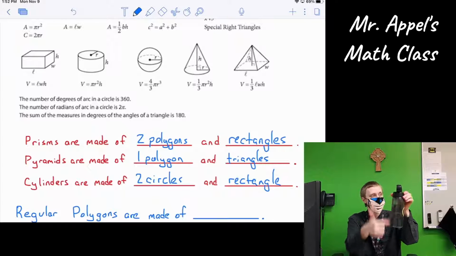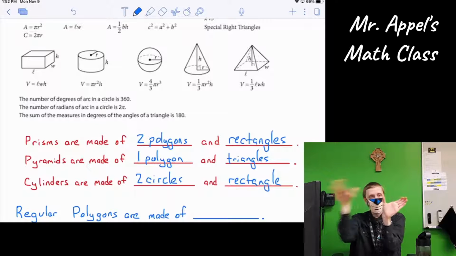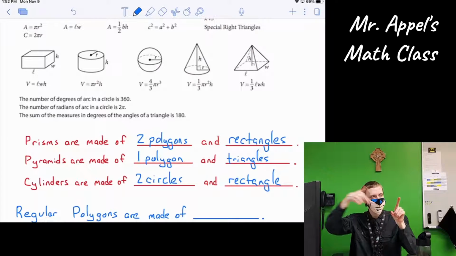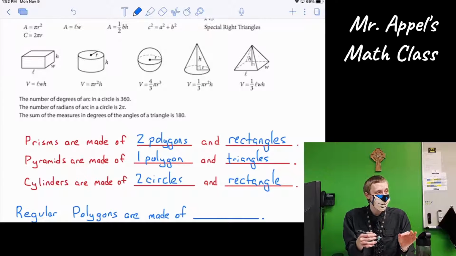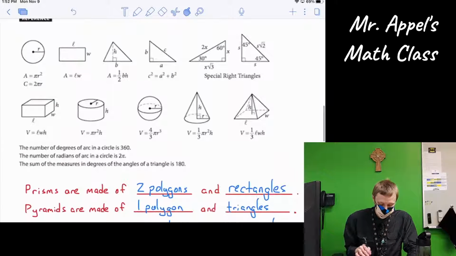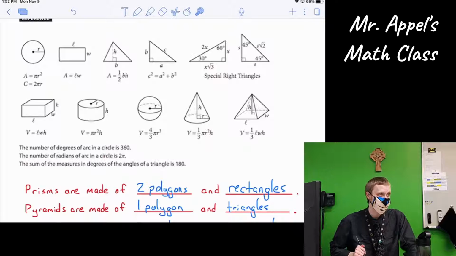The height of the rectangle is the height of your cylinder, and then you unpeel that, and the length then is the distance around one of the circles. So the length of that rectangle comes from the circumference of the circles. So you actually need both of these formulas, the area and the circumference formula for the circle, in order to find the surface area of a whole cylinder. A little bit more involved thought-wise there.